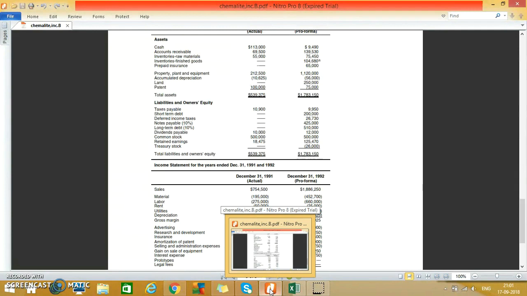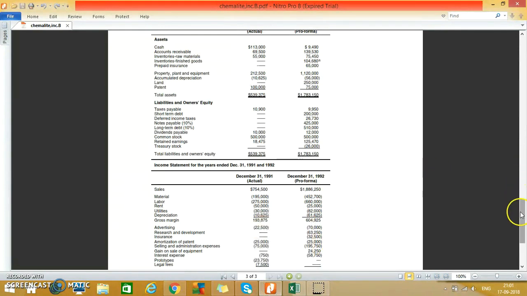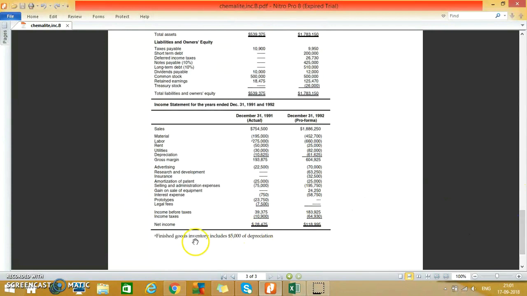61,625. When you look at the problem at the bottom, it says that the finished goods inventory includes this 5,000 of depreciation. That means the depreciation of 5,000, which should have been included in 61,625, lands up in the finished goods, that is the inventory account. So that has to be adjusted.